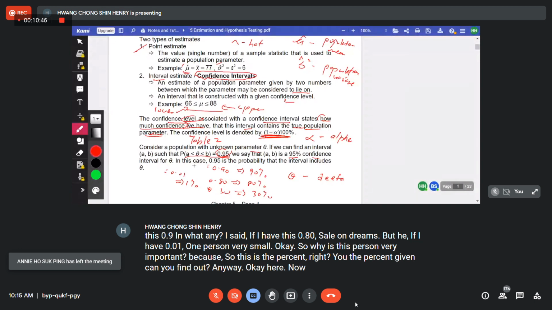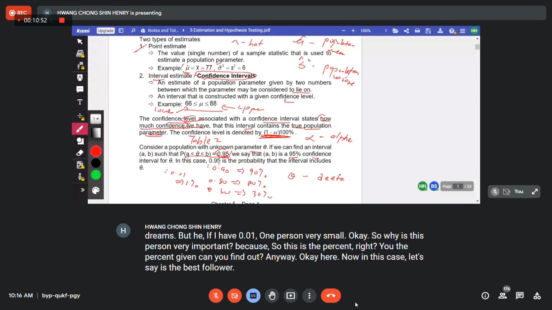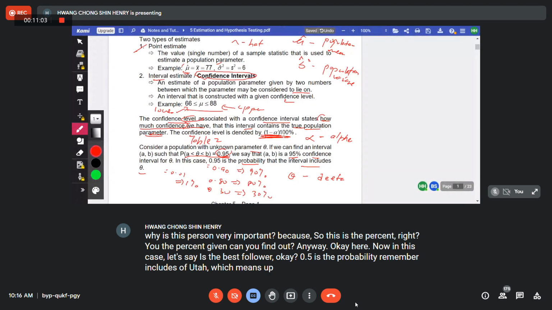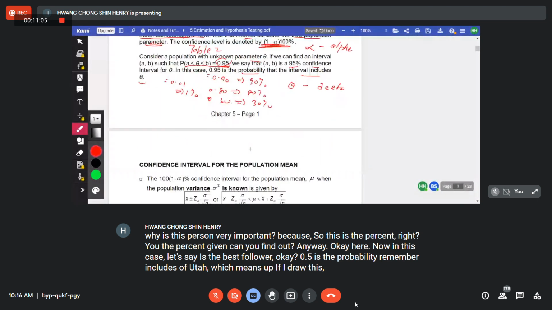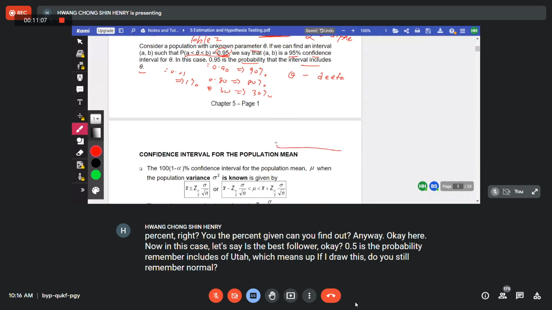Now, in this case, let's say beta is the z-score, okay? 0.95 is the probability, remember? The percentage of probability that the interval includes the theta. Which means if I draw this, do you still remember the normal curve?